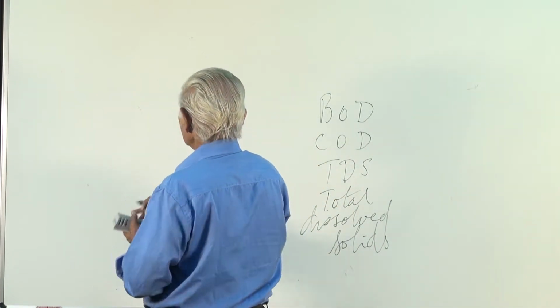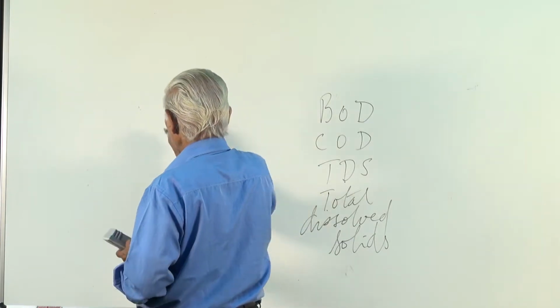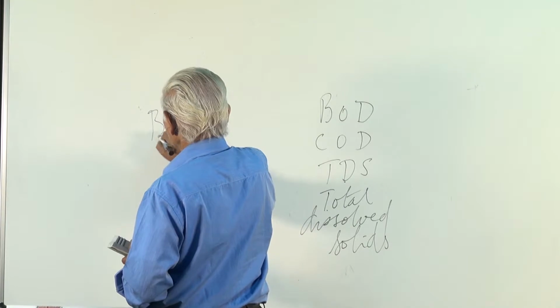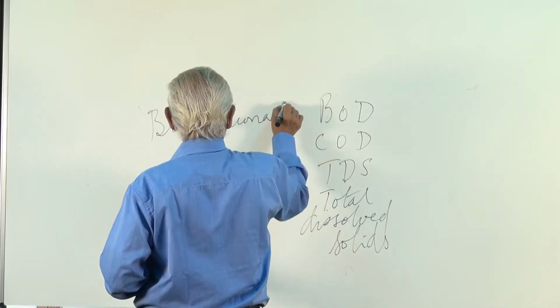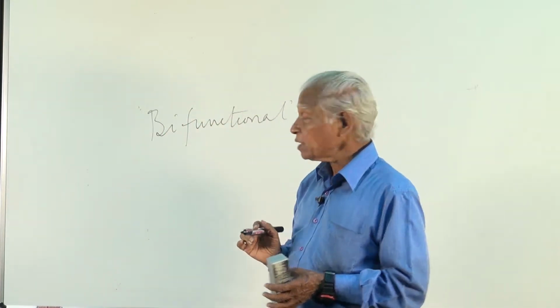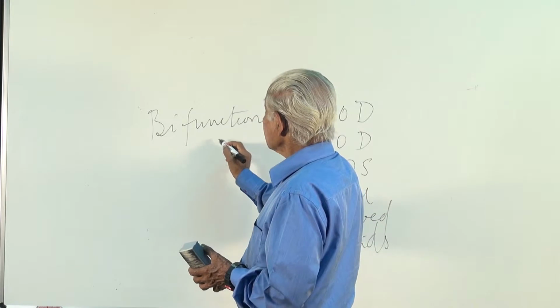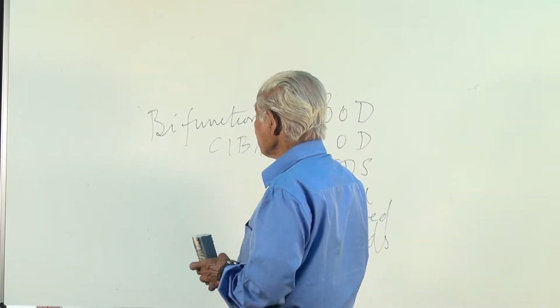And hot brand dyes are used where the temperature is raised to 70 degrees centigrade. Then bifunctional dyes. These are dyes which are quite expensive but which give very good fastness properties to the dyed materials. Sera dyes are examples for this.